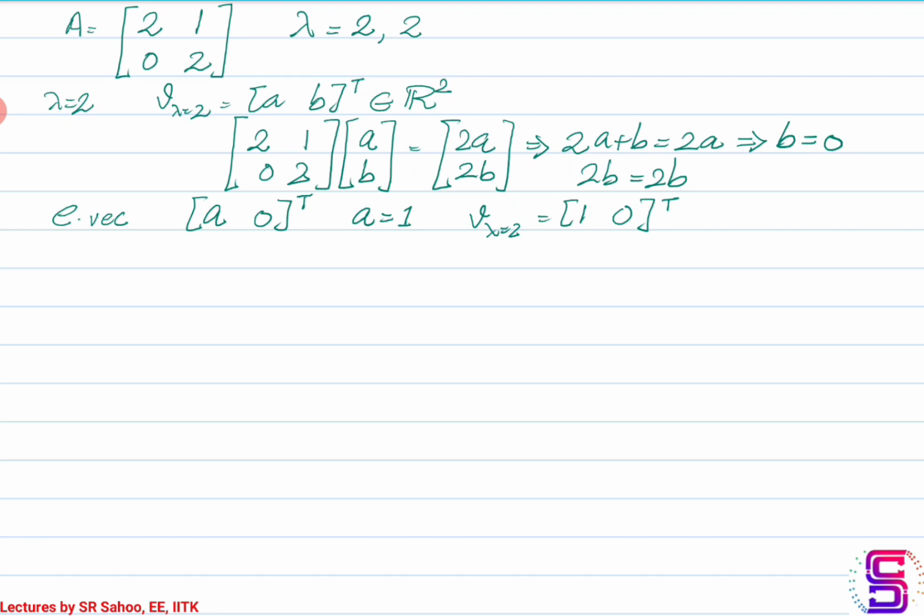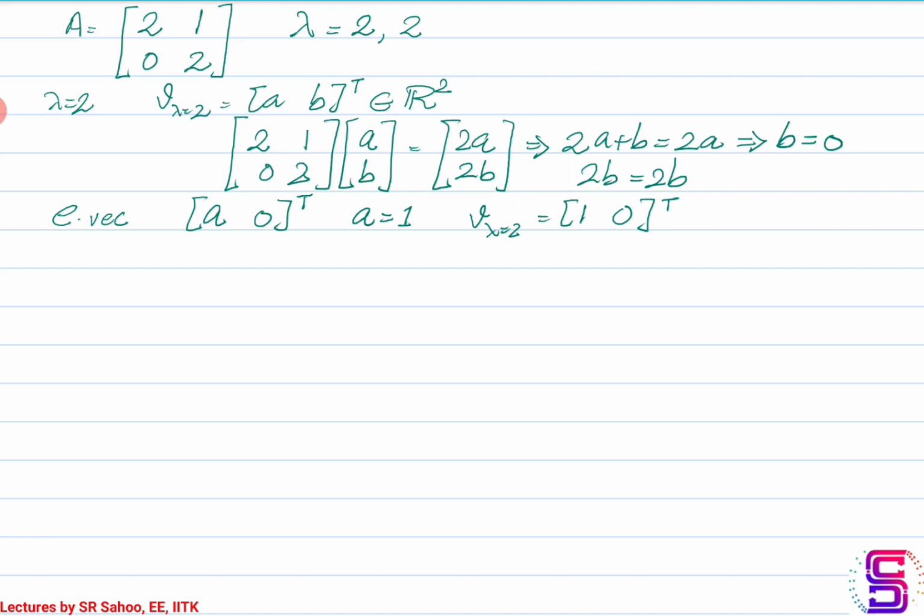Now I have two eigenvalues, though they are repeated twice. There are two eigenvalues in this case, so I should have got two eigenvectors as well. What I am getting is just one eigenvector. When I say one, I mean that it has just one structure where only one variable is free to choose.